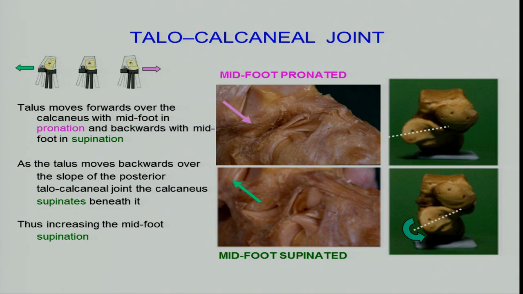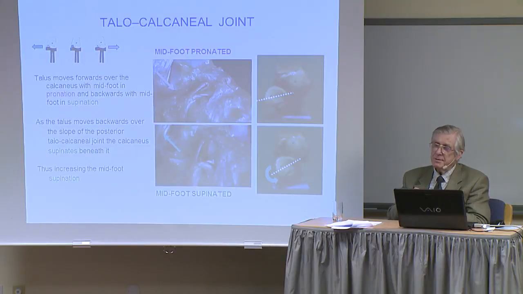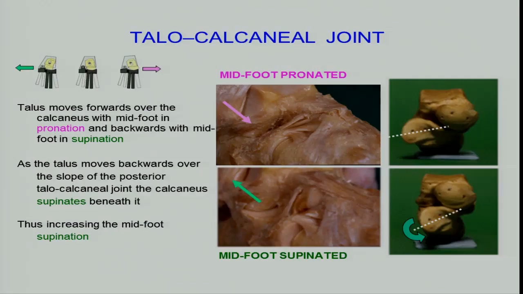the cuboid has supinated further relative to the calcaneus. So the midfoot segment has supinated the greatest, calcaneus halfway, the talus not at all. So the talus remains horizontal.